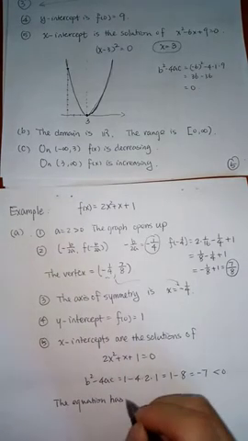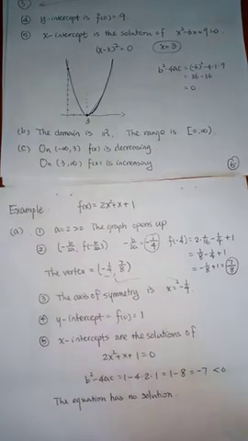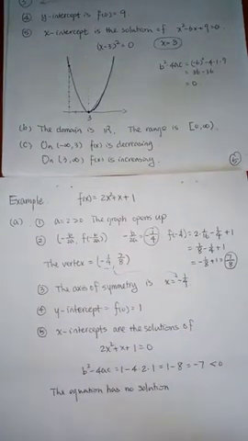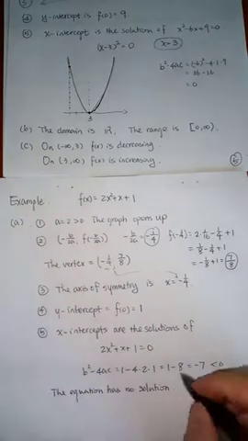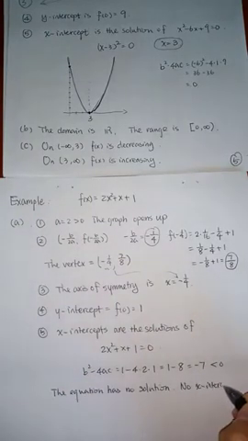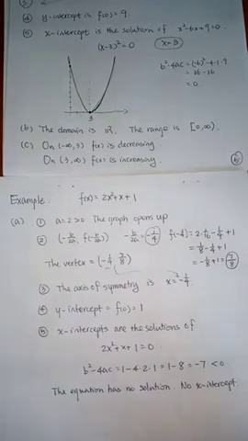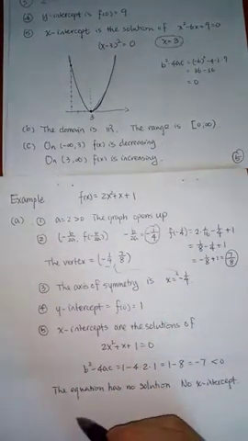The equation has no solution. When the discriminant of the quadratic equation is negative, it has no solution. No solution, no x-intercept. Okay, so with all this information, let's sketch it.